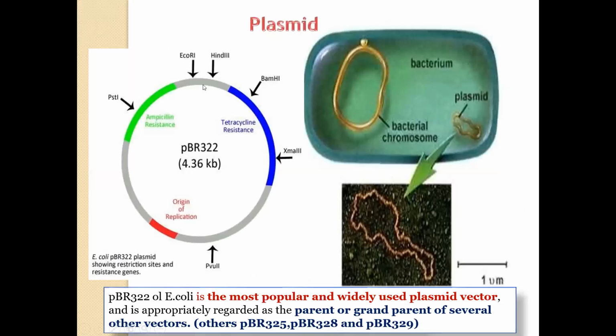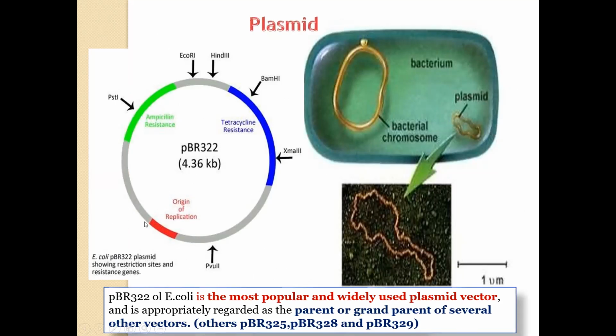This is a brief diagram of the plasmid pBR322, which is very popular and used as a plasmid vector. I will not go into much detail as we have already shared a video. But the important part, as we discussed in the last lecture, is the ORI, that is the origin of replication.